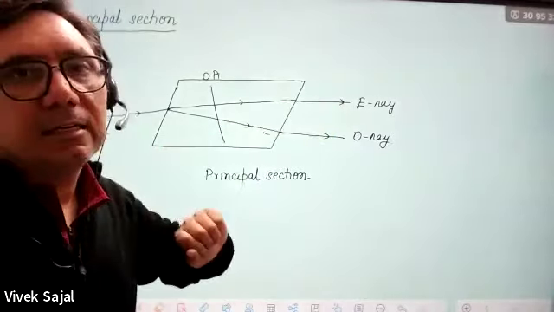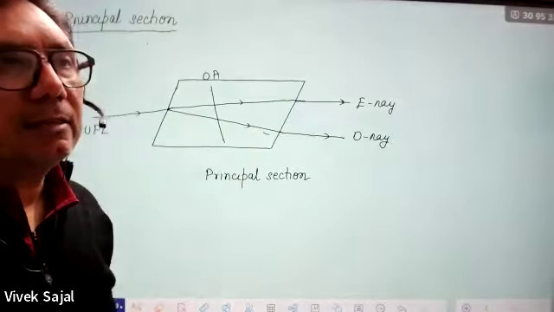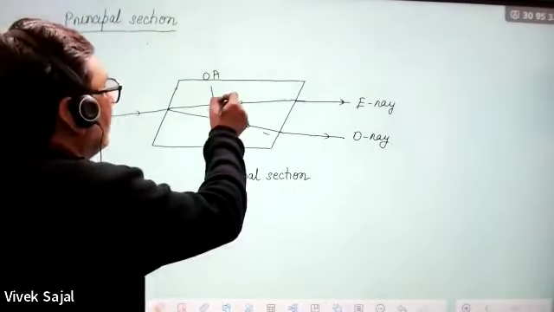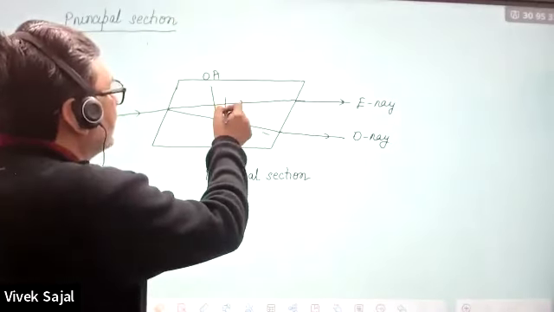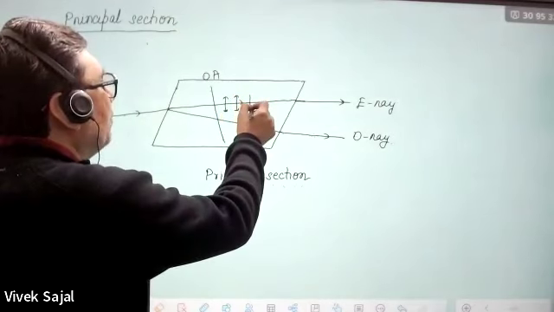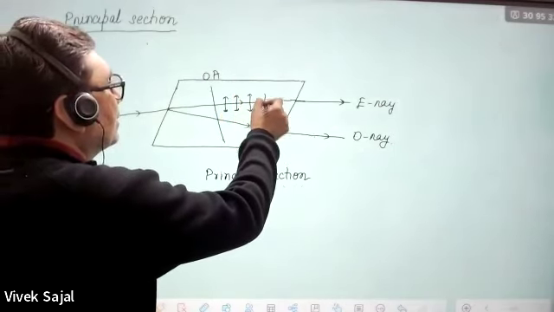The E ray is a plane polarized light whose electric vectors lie parallel to, or in, the principal section.